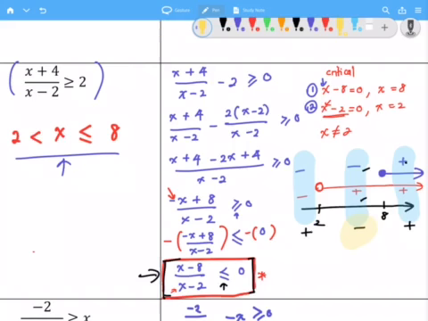So, we have found our range of values, which starts from 2 and stops at 8, or in interval notation we write round bracket for 2 and then go to 8, we close it with a square bracket. So that is the answer of this question.